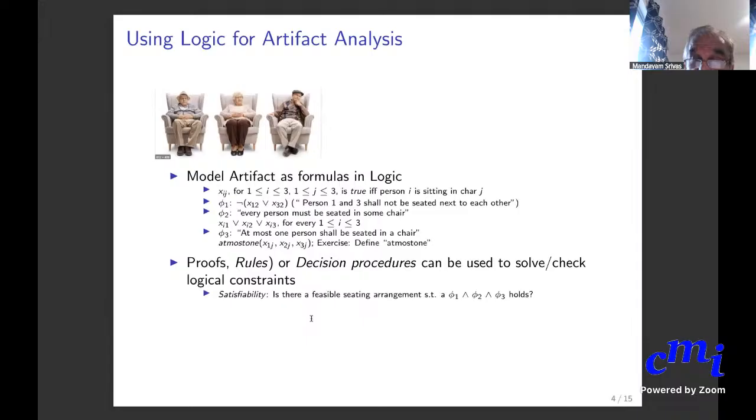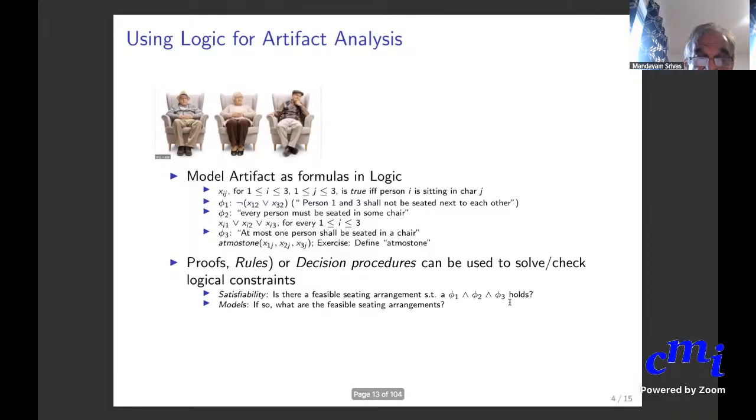If you check satisfiability, you get the answer to: is there a feasible seating arrangement that satisfies all these constraints? That can be expressed as whether phi 1, phi 2, and phi 3 is satisfiable. You can throw this problem at Z3, and it not only answers whether it is satisfiable or not, but if it is, it comes up with a model.